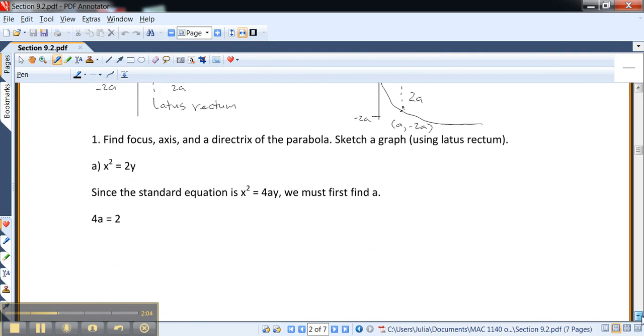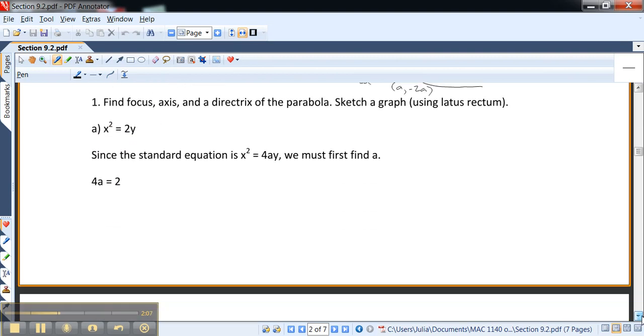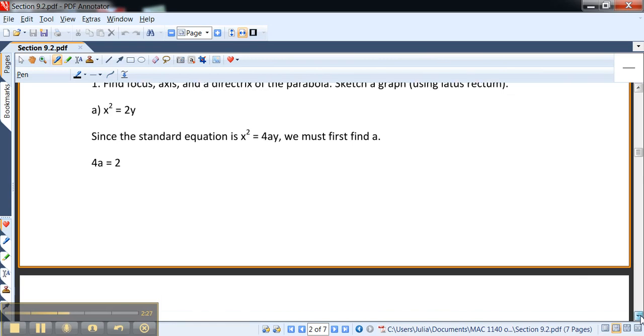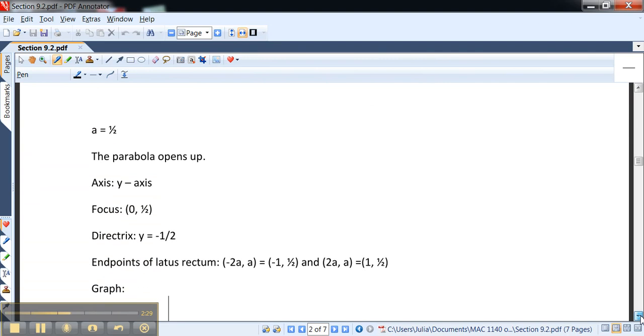So for example, if we have an equation like right here, usually we match it to the corresponding standard equation, which is right here, and usually this number, which is 2 over here, is equal to 4a. Or if this was a negative, then it would be equal to negative 4a. And so we always divide by 4 or negative 4 to figure out the a, which is the distance.